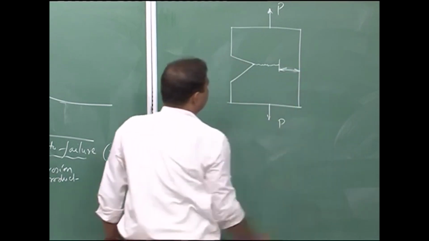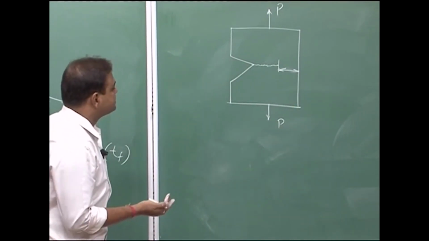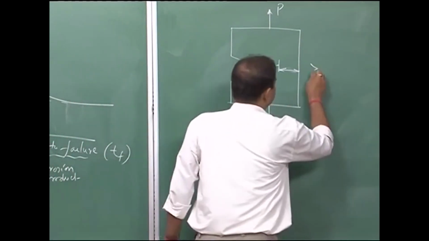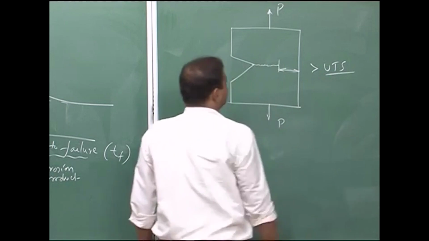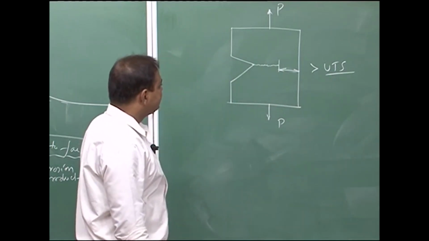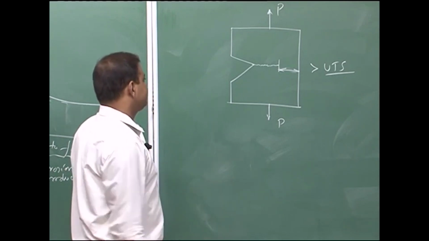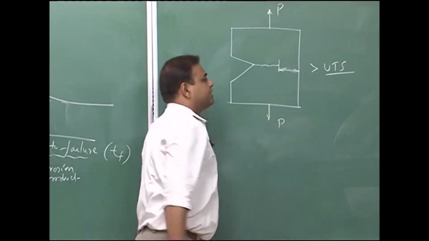This ligament will experience excessive stress, which could be more than UTS, the upper tensile strength limit of that particular metal, and once it reaches UTS, there could be normal mechanical failure.